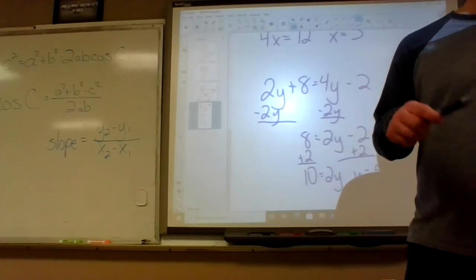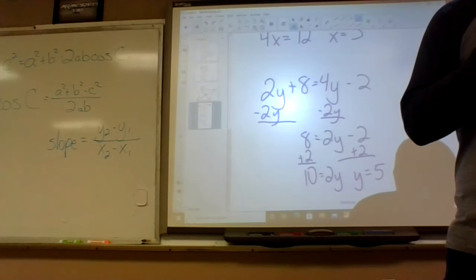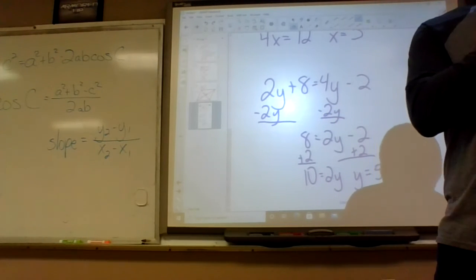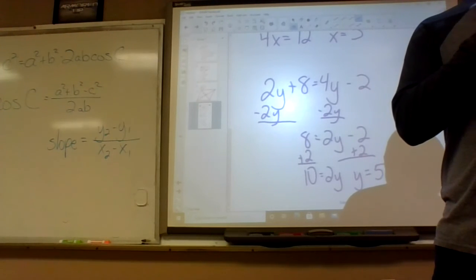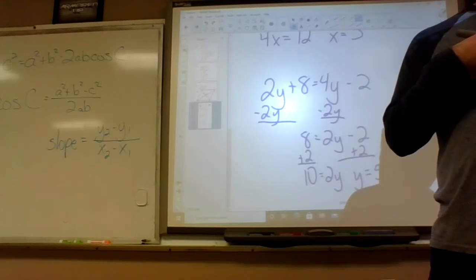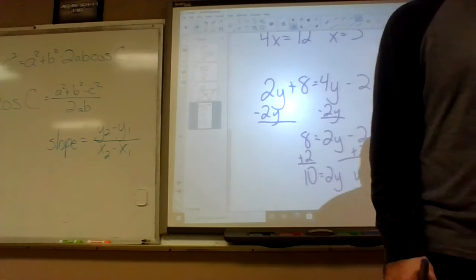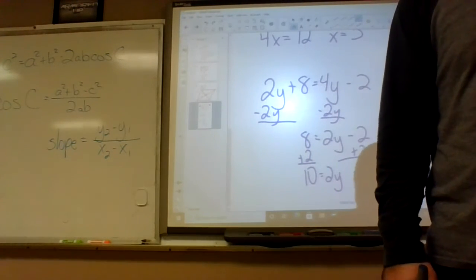Well, they're half the diagonal, but how are they related to each other? They're the same, yeah. They're just each half the diagonal.